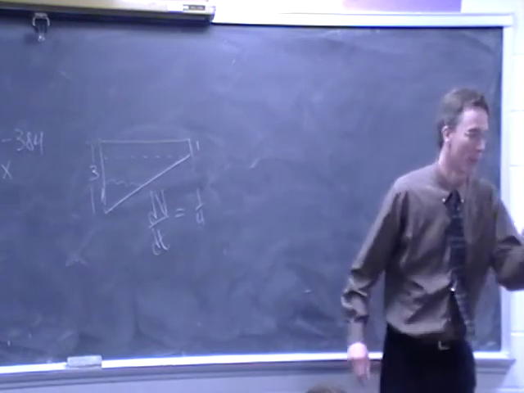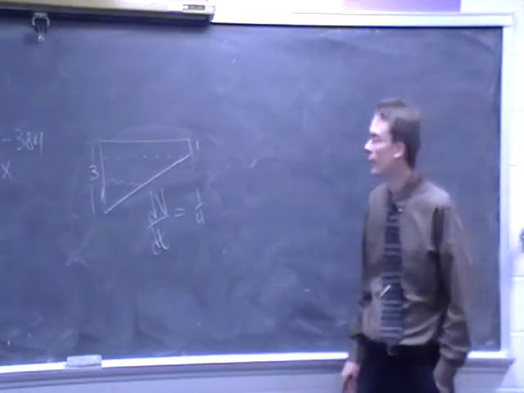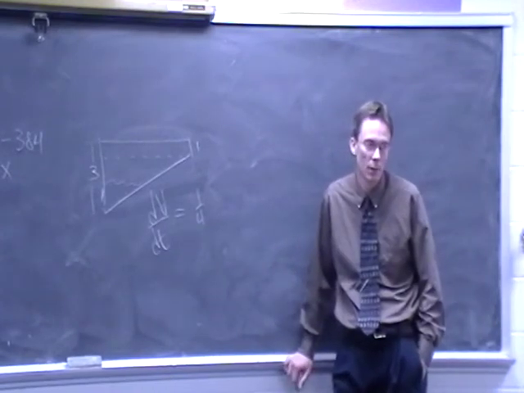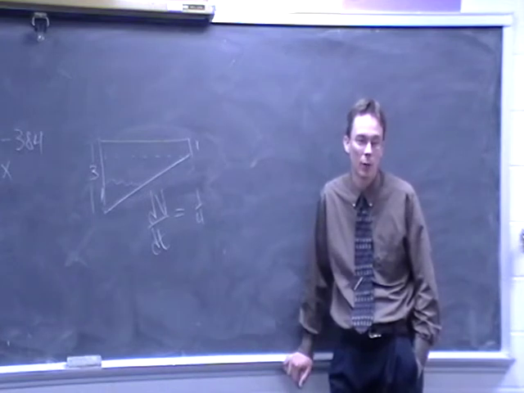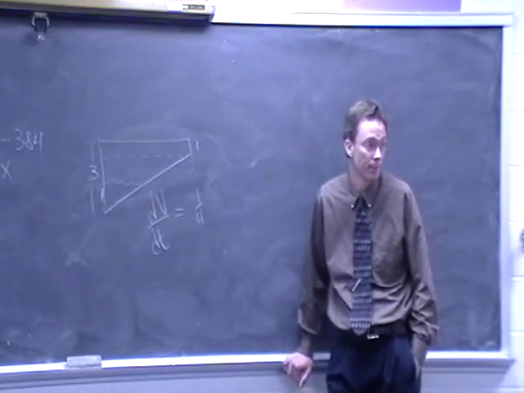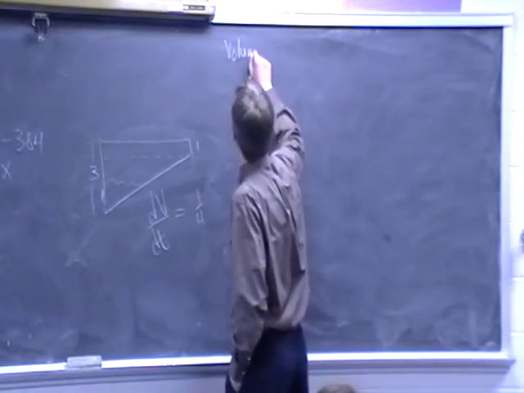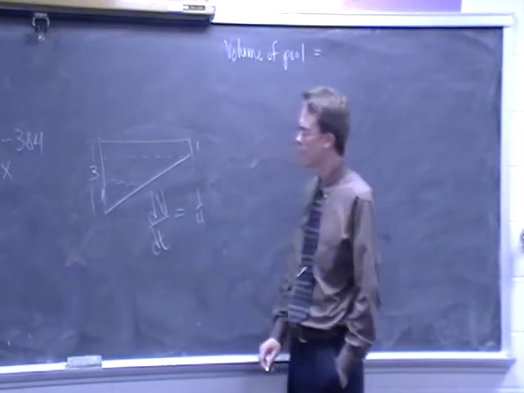But don't worry, we'll make up for it in part B. Oh, good. What percent of the pool is filled? How do you get the percentage of something? Part over whole. Yeah, the part that's filled up divided by the whole. So we're going to have to figure out some volumes here. Let's do the volume of the whole pool. I think that's actually going to be easier. Maybe. I don't know.